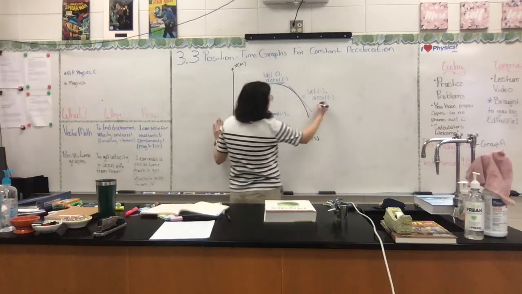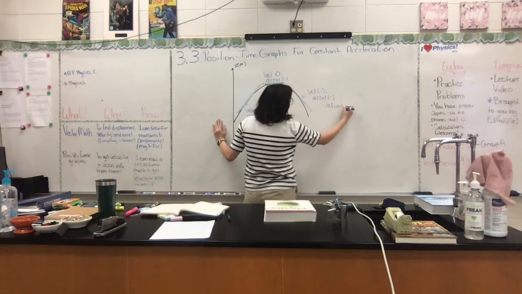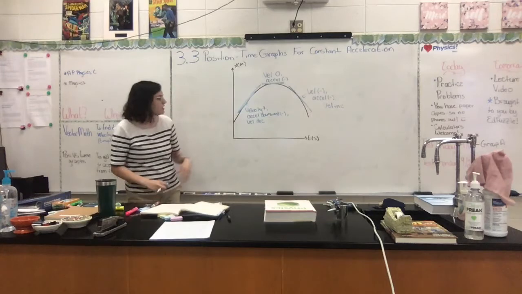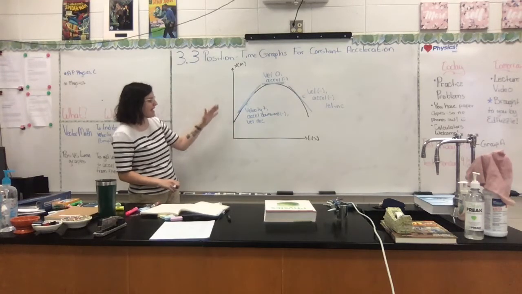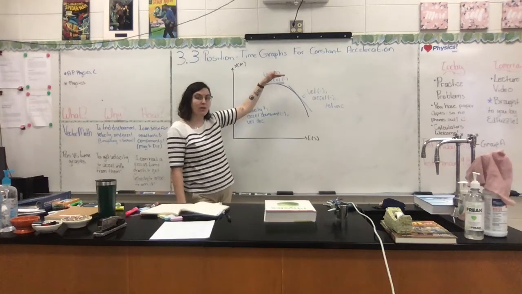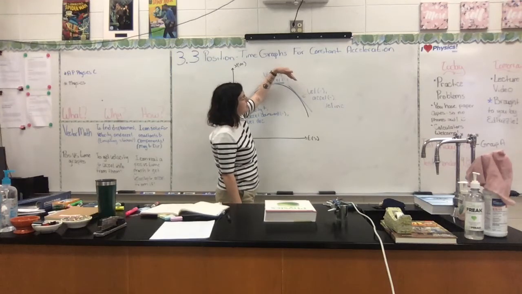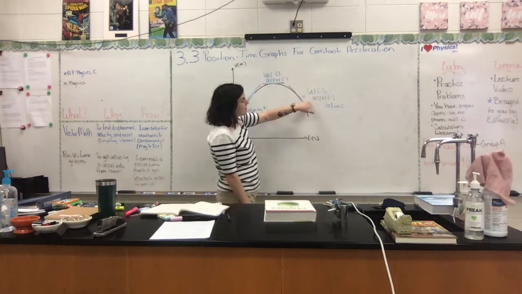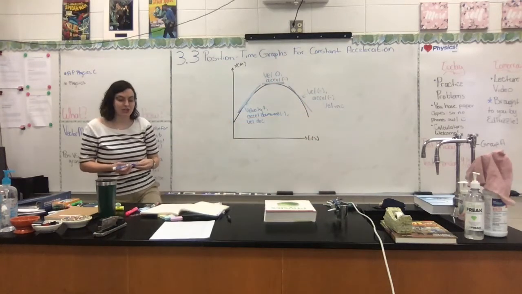So that means that at this point, our velocity is actually going to be increasing. So here our velocity is positive, but our acceleration is negative, which means our velocity is decreasing. It decreases all the way to 0, then continues to decrease towards a negative velocity. But once the velocity is negative and the acceleration is negative, that means that our velocity is actually now going to be increasing.